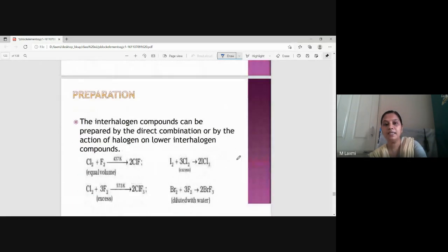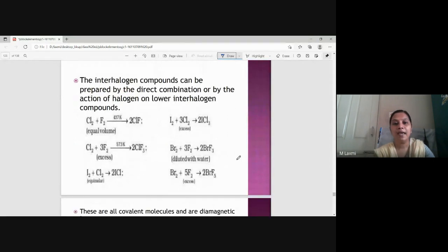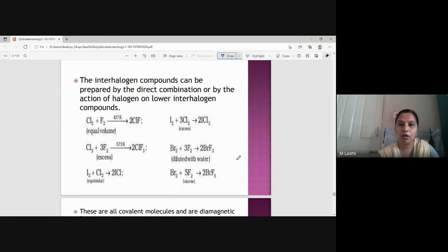How to prepare these interhalogen compounds? The interhalogen compounds can be prepared by directly combining the two halogens or by the action of halogen on a lower interhalogen compound. So there are two ways by which interhalogen compounds can be prepared. Let us see the example.